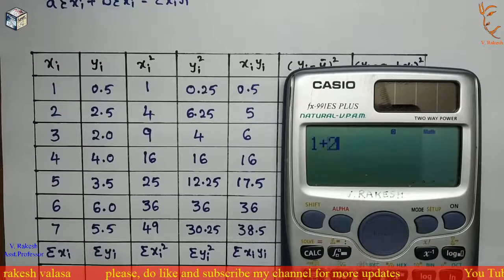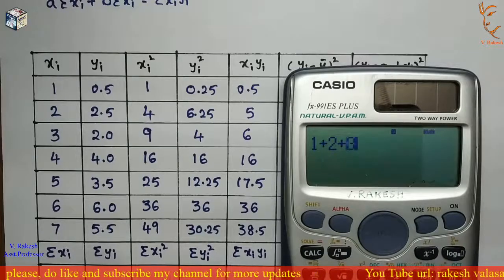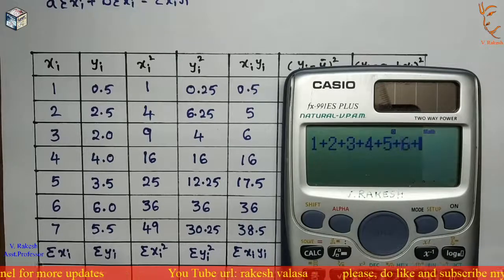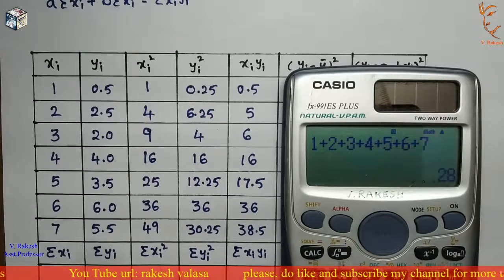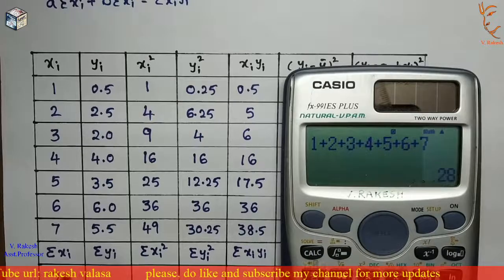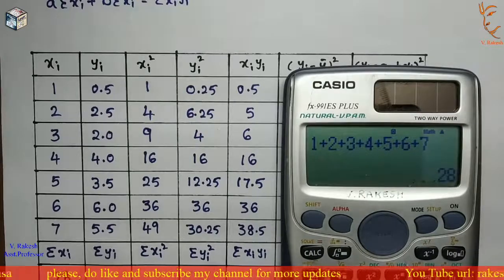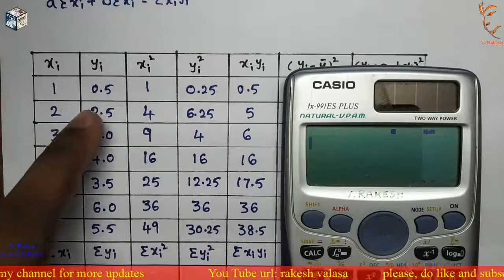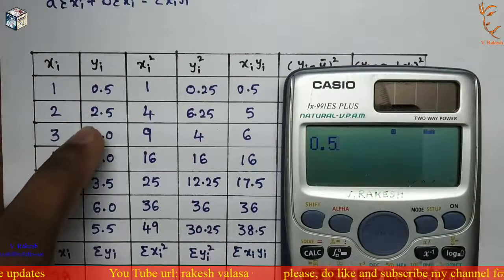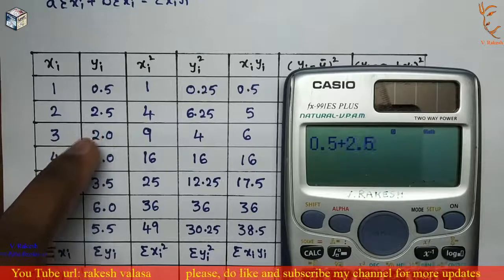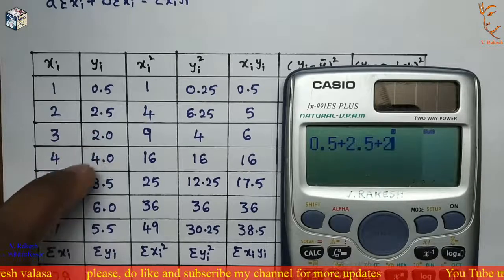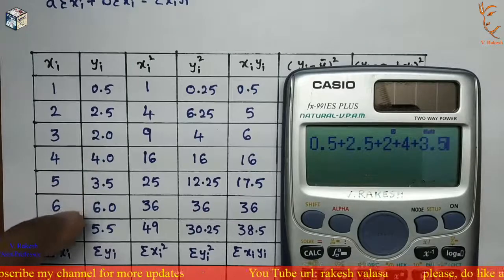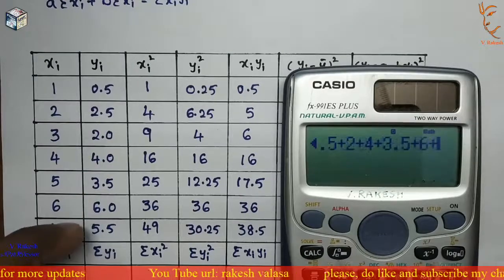Summation xi: 1 plus 2 plus 3 plus 4 plus 5 plus 6 plus 7. The answer is 28. Second one, summation of yi, that is 0.5 plus 2.5 plus 2 plus 4 plus 3.5 plus 6 plus 5.5.